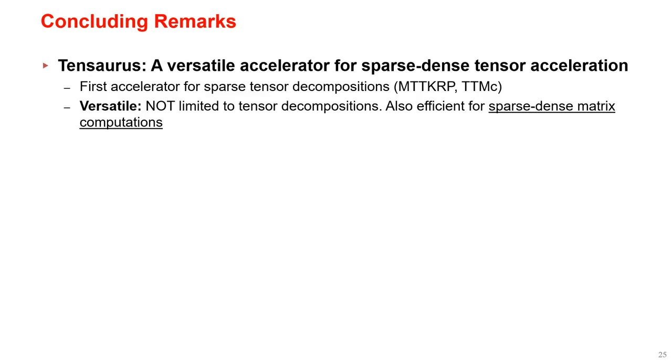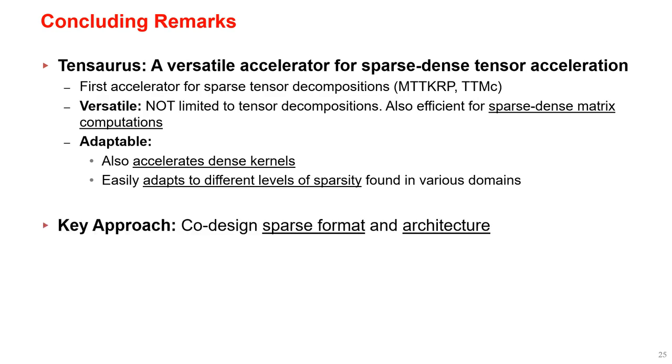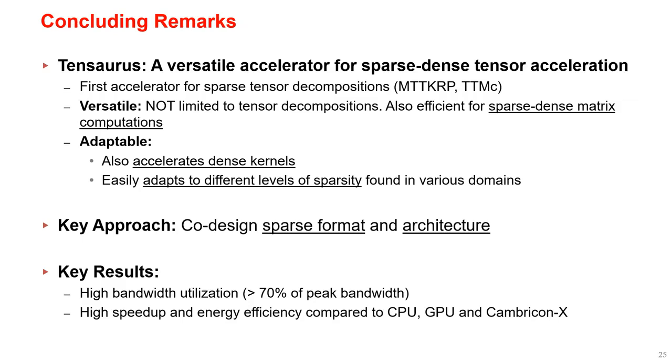It is adaptable in the sense that it can accelerate a varying range of sparsity, that is ranging from dense to very, very sparse. The key approach that we took was co-designing of sparse format and architecture, and we showed high bandwidth utilization and high speedup and energy efficiency over multiple baselines.